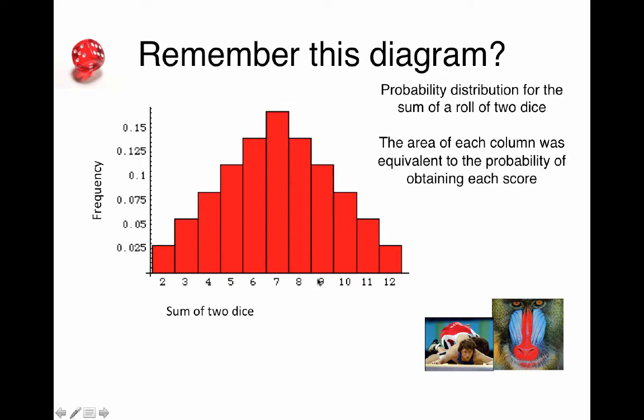So basically you can see that 7 has a really high column because that's the most frequently occurring score. And these rarely occurring scores, such as 12 and 2, have much less, don't they? So the size of their column as a proportion of the whole represents the probability of getting that score.